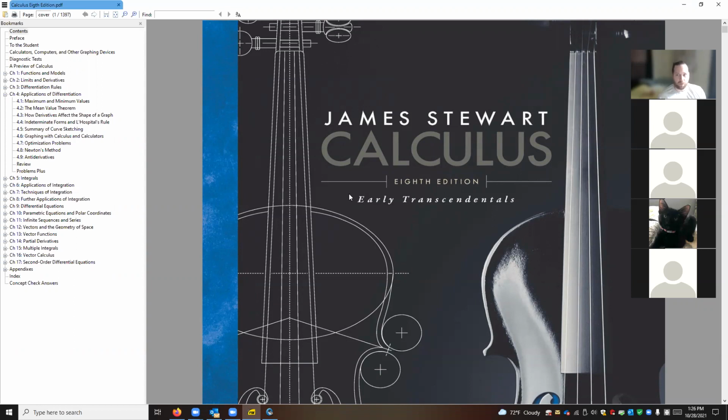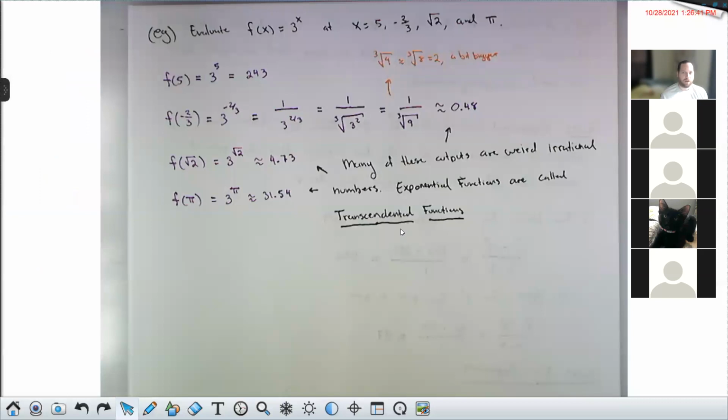You can define them the way we do here, using geometry for the trig or using algebra for the exponentials, but they can also be defined in terms of calculus operations. And some textbooks, especially old-fashioned, classic, highly rigorous textbooks, prefer to wait until after you have a bunch of calculus to introduce those functions and then use calculus definitions for them. We do not, right? We say early transcendentals, meaning we're going to start messing with those functions early on.